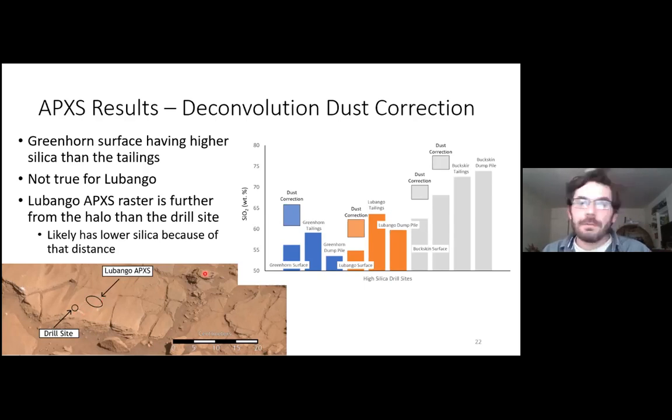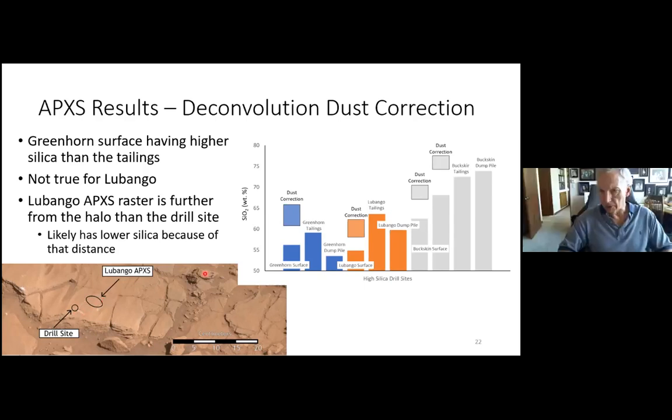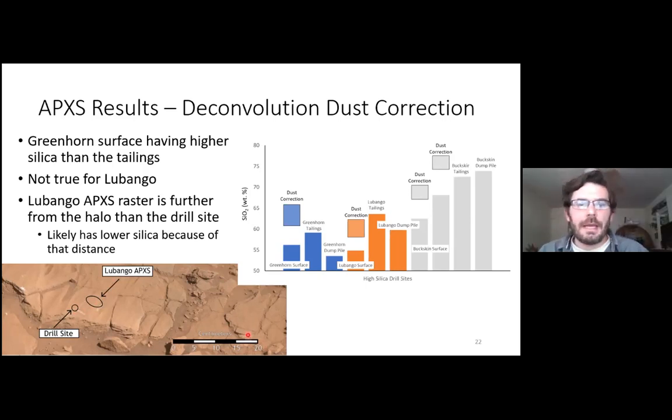Right. And so, just to make it a little clearer, the problem is that if there's dust contaminating the surface, the dust has a lower concentration of silica, and so it will drag down the abundance. Is that correct? Yes, that's the problem.